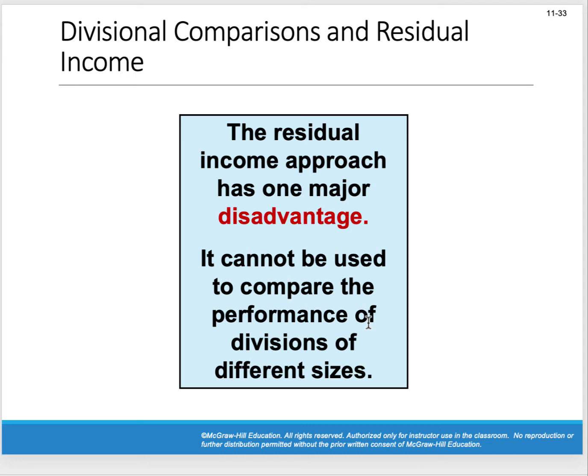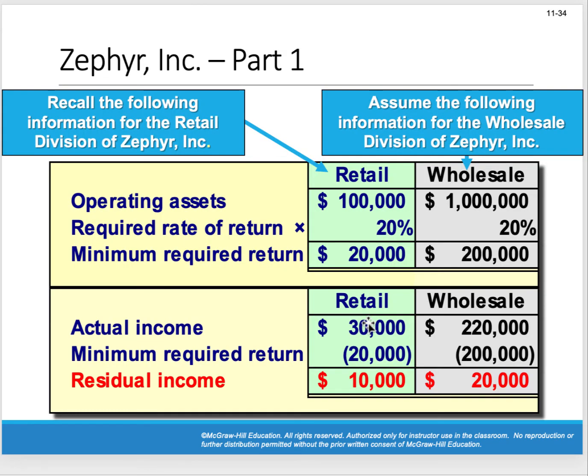However, there are some disadvantages with residual income. In fact, there's one major disadvantage, right? We cannot use residual income to compare performance of divisions that are of different sizes, right? Let's take a look at this.